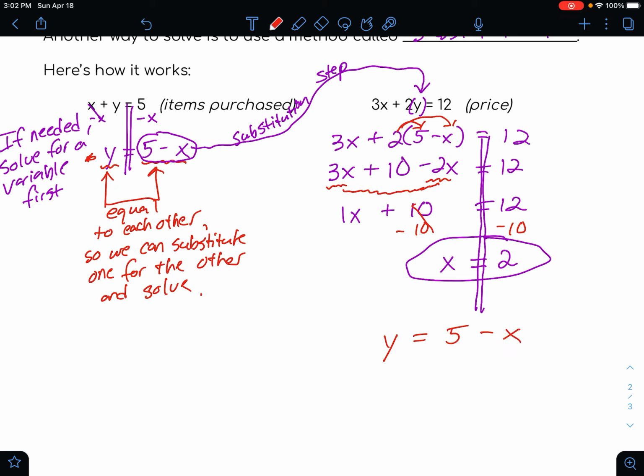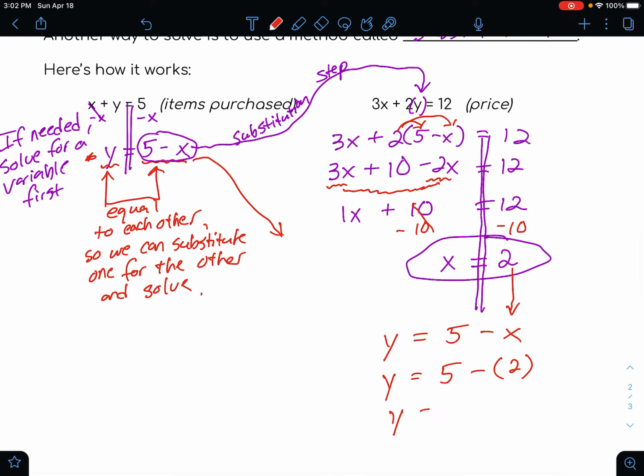So I'm going to bring that equation back in from up here and think about, okay, if we know y is equal to 5 minus x, and now we know that x is 2, we can simply put in that 2 in place of x, and then we just do 5 minus 2, and we get y is equal to 3.